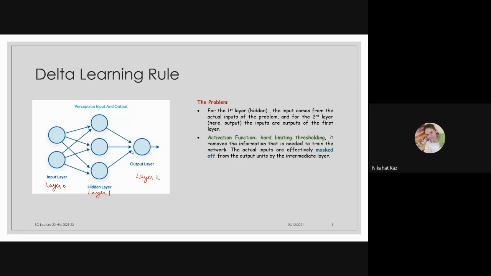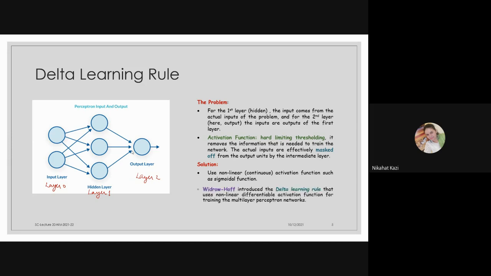So that information is lost in some sense, and because that information is lost, effective training cannot take place. So the solution to this problem was found by introducing activation functions which were nonlinear in nature. That is when these continuous activation functions come into the picture, like these sigmoid functions.